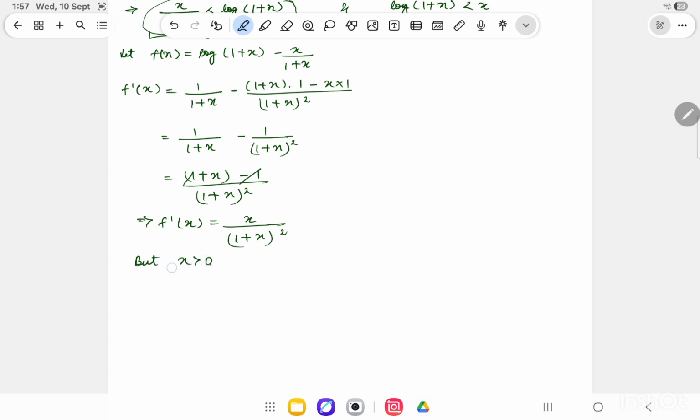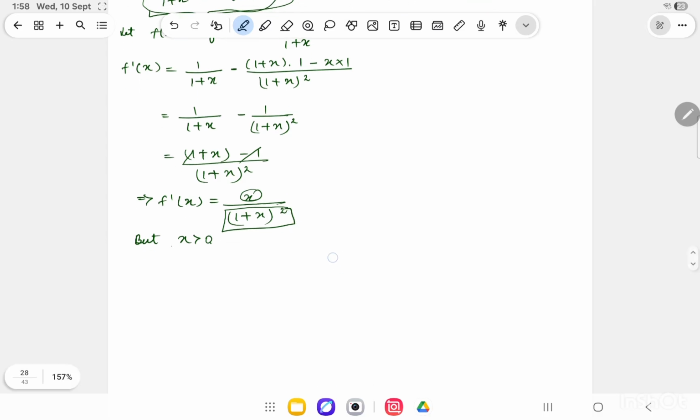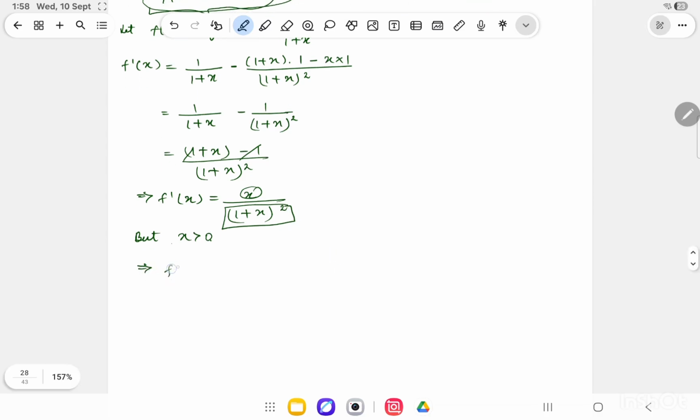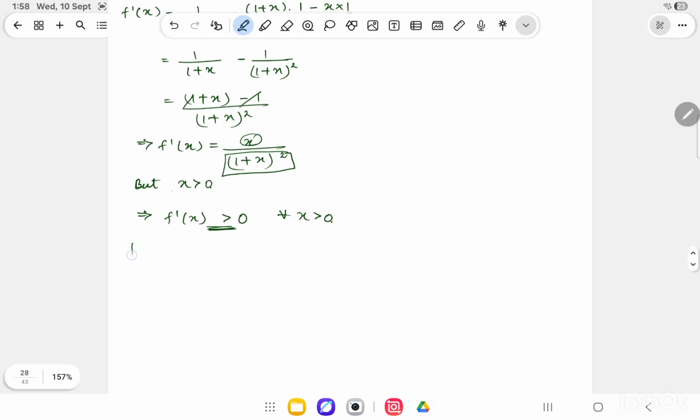So x is greater than 0 and (1+x)^2 is always greater than 0 for x greater than 0, so f'(x) is greater than 0 for all x greater than 0. So this shows that my function f(x) is an increasing function.